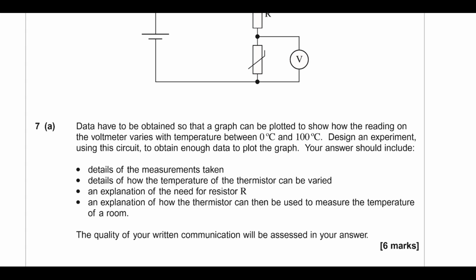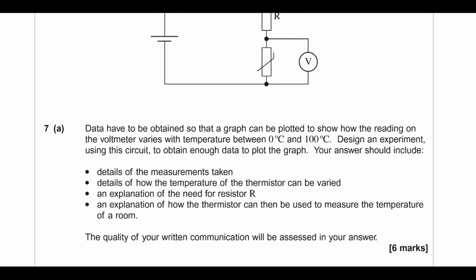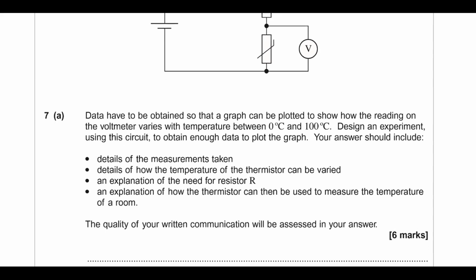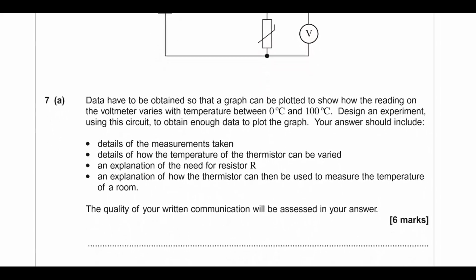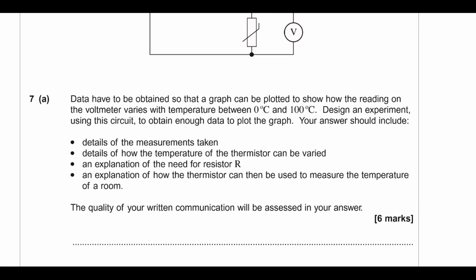Design an experiment using the circuit to gather enough data to plot that graph. You want to know the measurements to be taken, the details of how temperature of the thermistor can be varied, an explanation of why we need the other resistor, and an explanation of how the thermistor can be used to measure the temperature of the room.